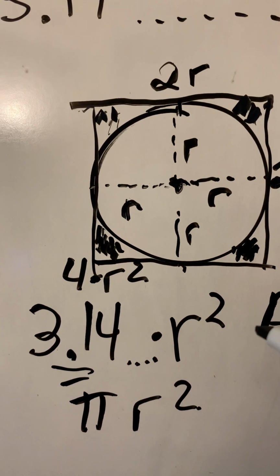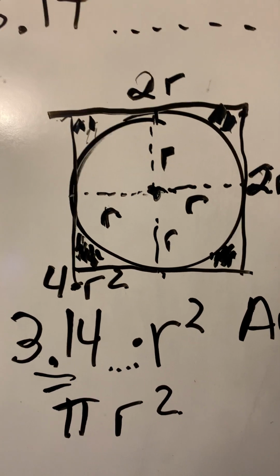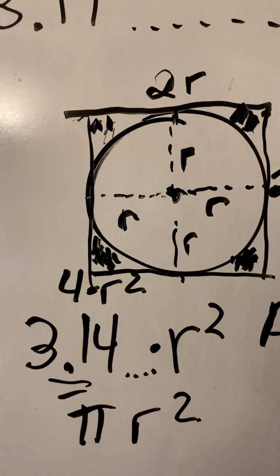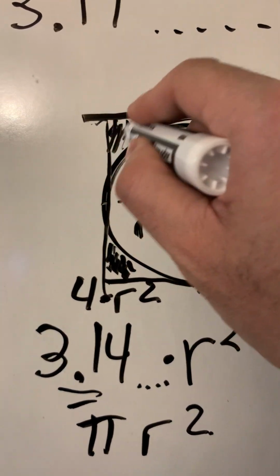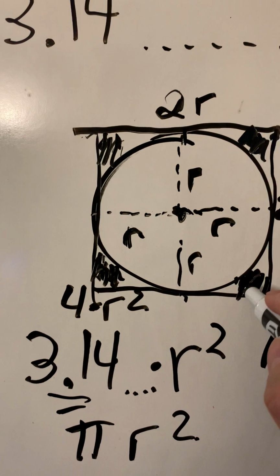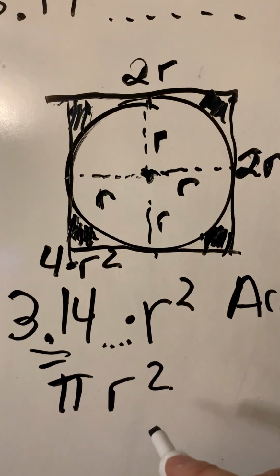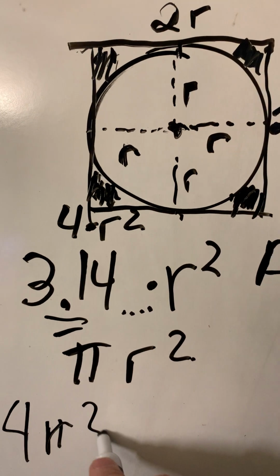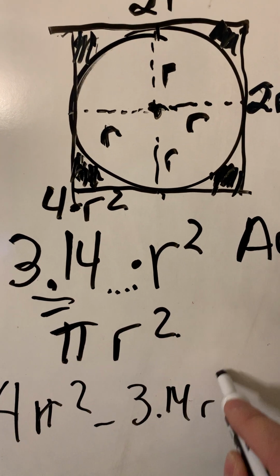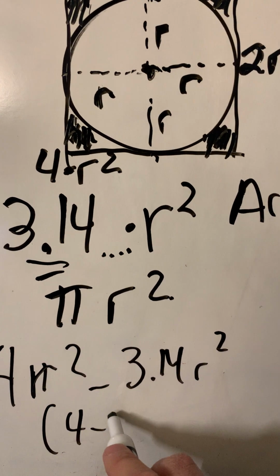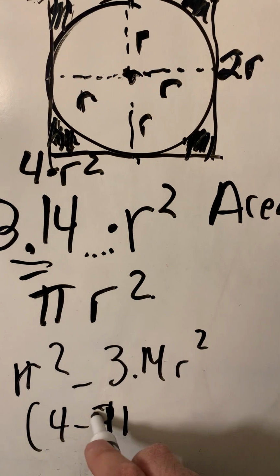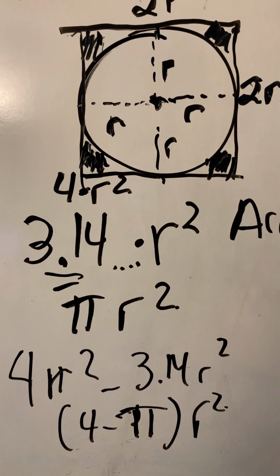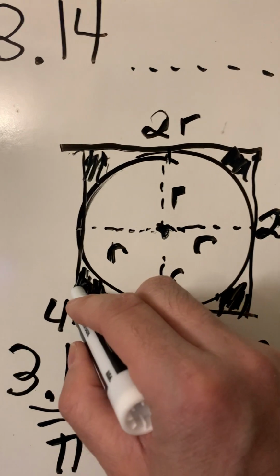Okay, so if you want to take this a little further, and this is not something necessarily they teach you in these classes about area of circles, but something you can start thinking about is, okay, that means the area of the space outside the circle is actually 4r squared minus 3.14 r squared, which means the area of that other space is 4 minus pi, or 3.14, r squared, right?